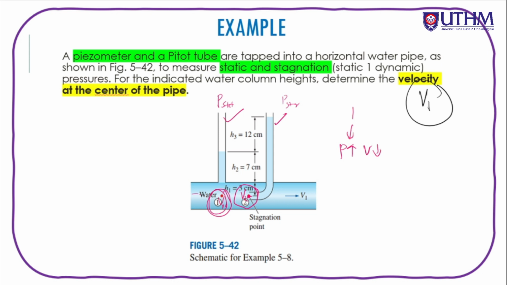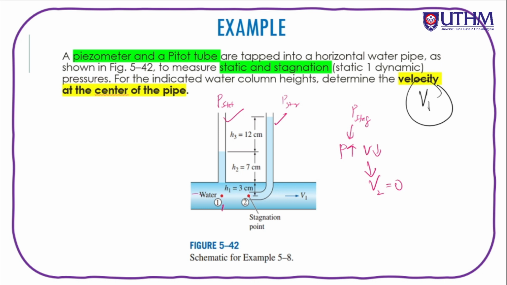Since pressure at its maximum, P stagnation, velocity must be at its lowest. So at this time kita consider V2 sama kosong, in which the fluid flow has come to a rest position. Okay, so bila dia kata velocity at the center of the pipe is actually this V1 dekat position 1. Okay, alright, saya padam balik kat sini.